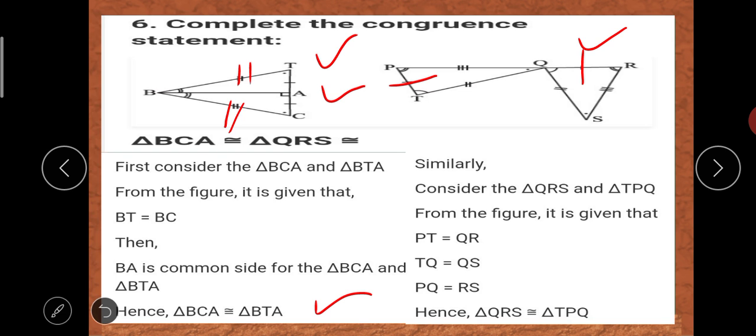And last one, PQ is equal to RS. So what we find here, all sides are the same, that means they are congruent. So here the two triangles given, QRS is congruent to triangle TPQ, because all sides are the same here.